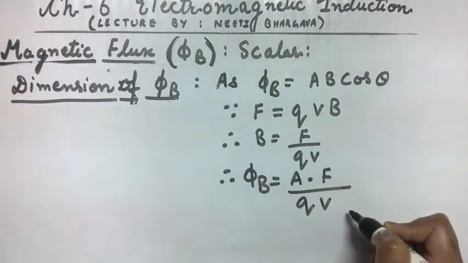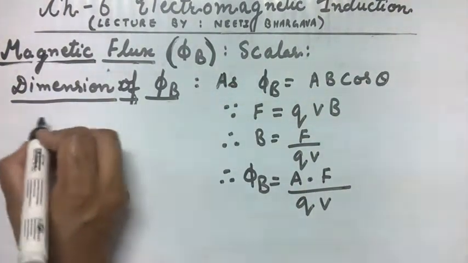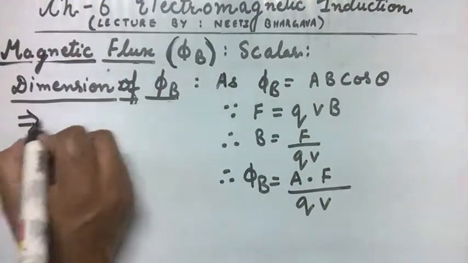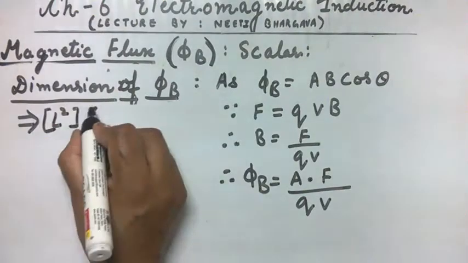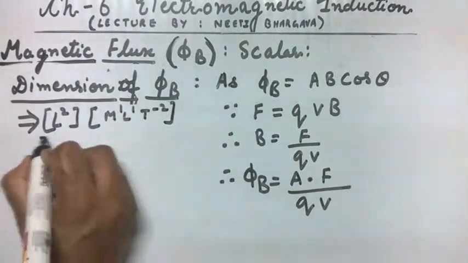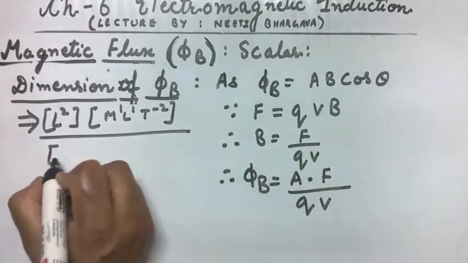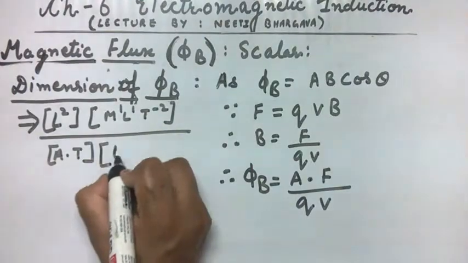Theta is dimensionless. Now write the dimensions. This implies area is L square, force is M1 L1 T minus 2, charge is ampere into time, velocity is L T minus 1.